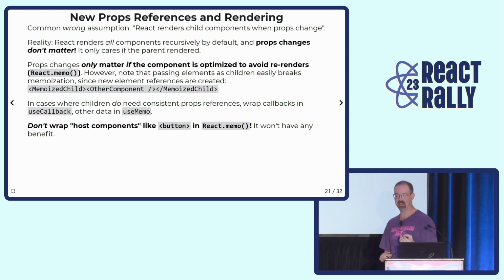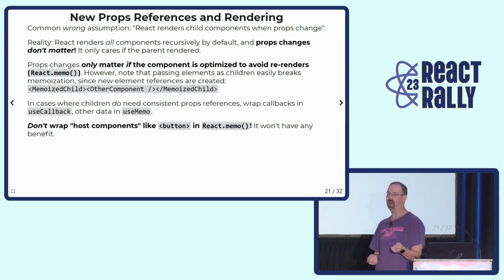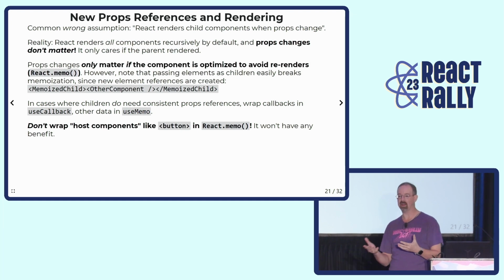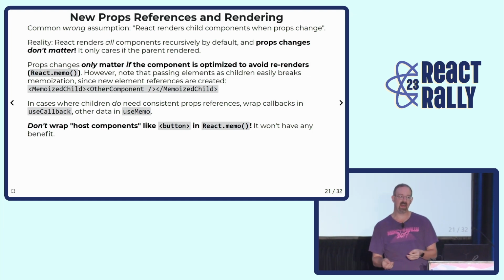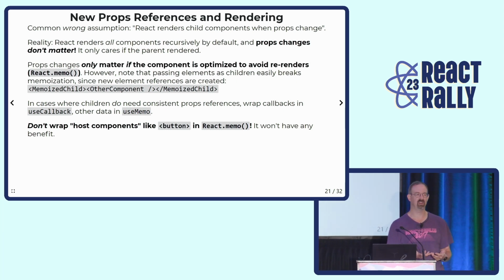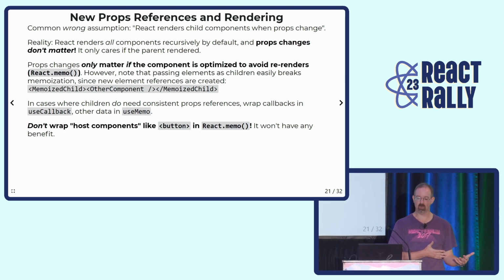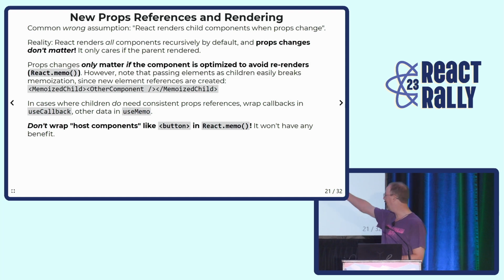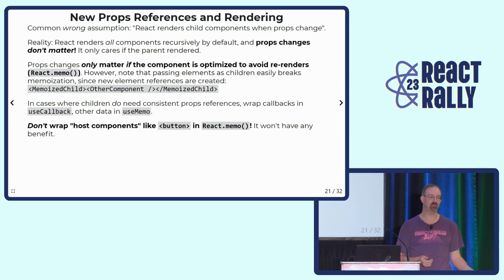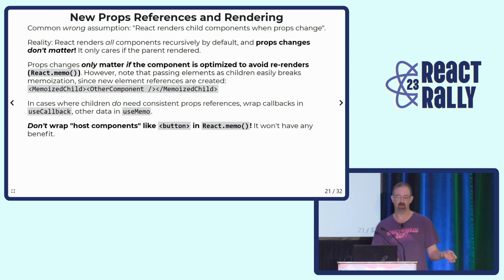The only time that props changes matter is if the child is trying to avoid re-renders using react.memo. In that case, if you do something like always passing in a new callback function, then that might break the memoization. Or passing in child elements that way, because there'll always be a new element object for the other component in there.